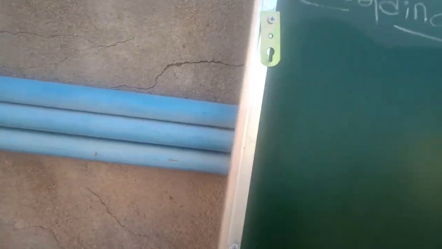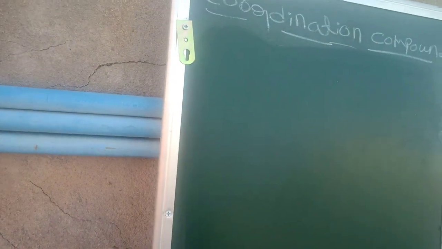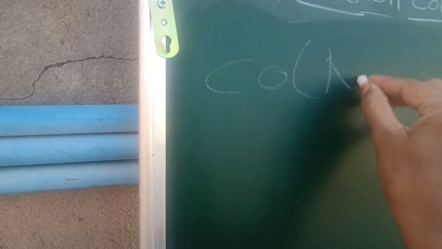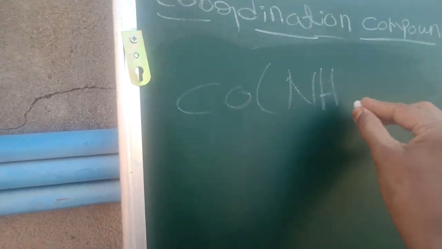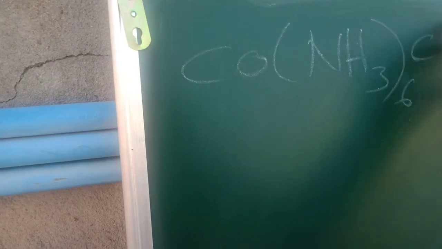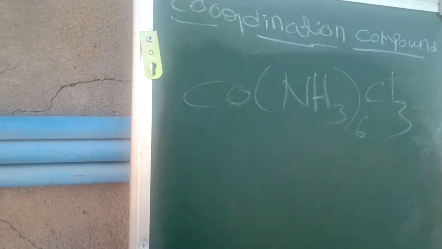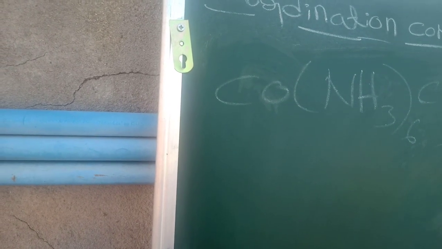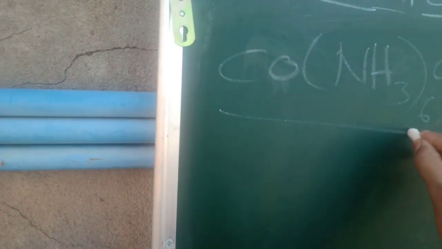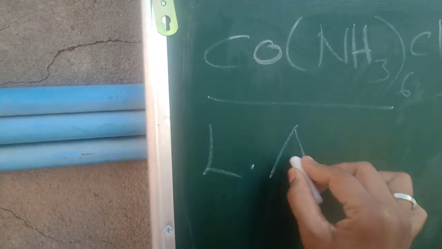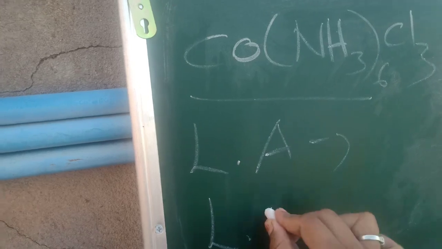Now I am taking some coordination complex compounds as examples. First, Co(NH3)6Cl3. In this complex, which is the Lewis acid and which is the Lewis base?